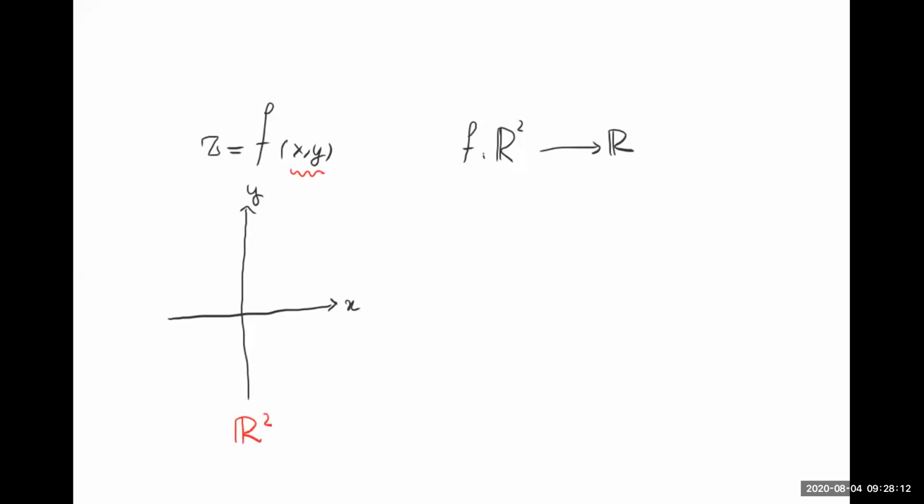The domain is something two-dimensional. x and y are in the domain. f is a function from R2 to R. So the input comes from R2. So say this is R2, the plane. And the target or codomain is R. And f is a function from R2 to R. Okay. Now suppose I'm at the points x and y.